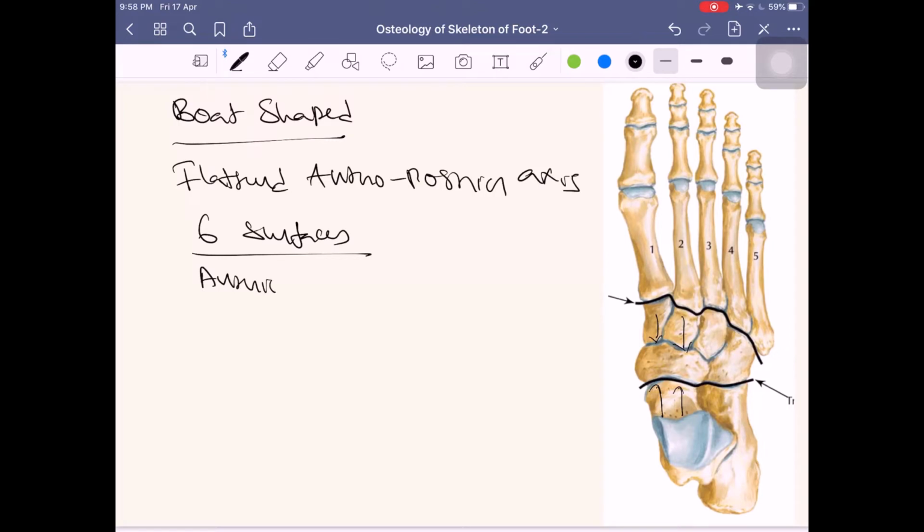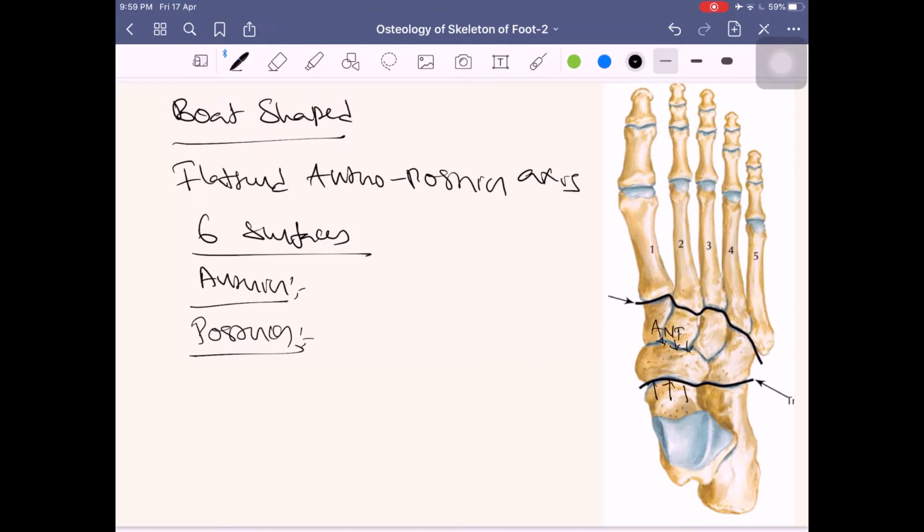The surfaces are the anterior surface. The anterior surface is the one which is facing anteriorly, or the surface which comes in contact with this one. So I can call this entire surface the anterior surface, and the opposite surface is the posterior surface.